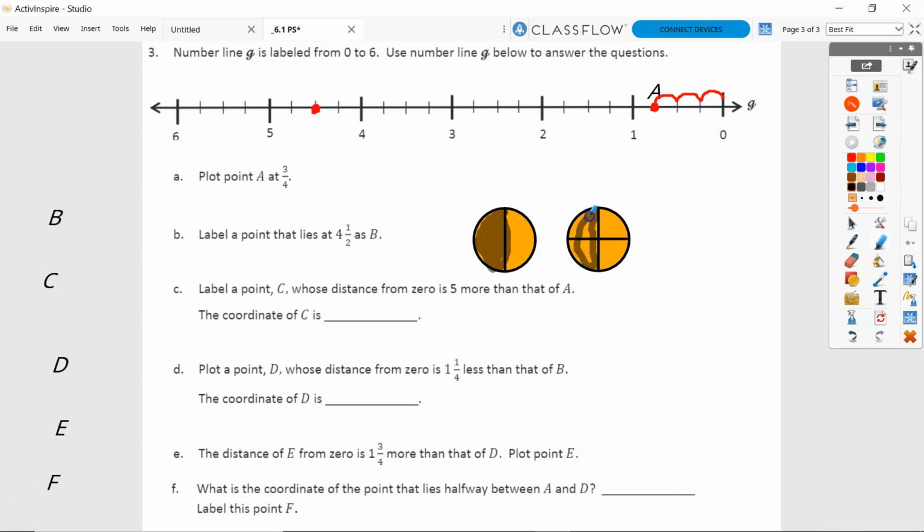So 1/2 is equal to 2/4. All right? So we know that we would label this as B.